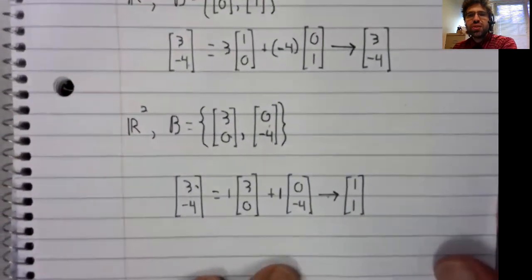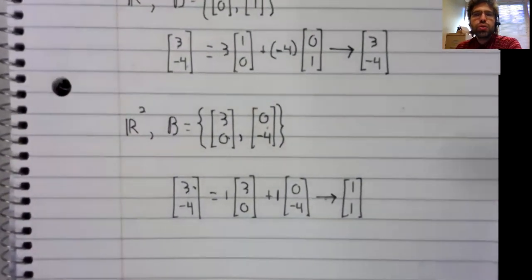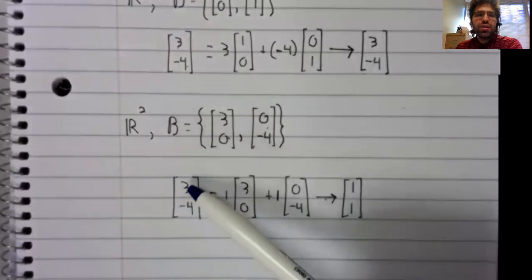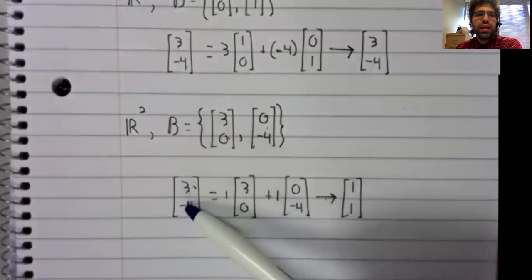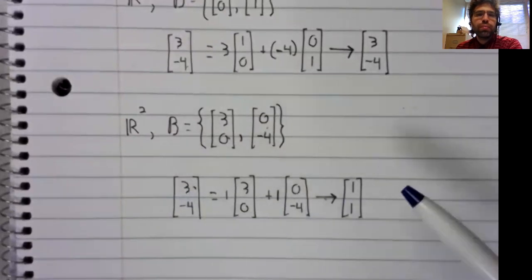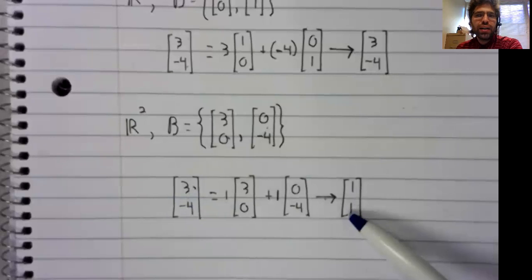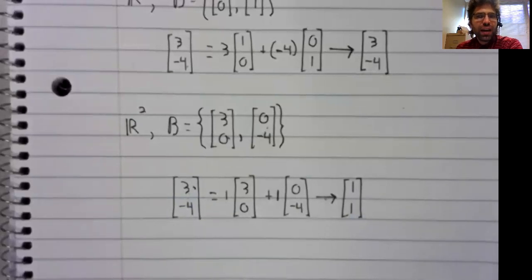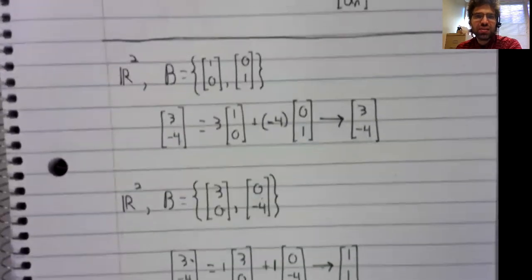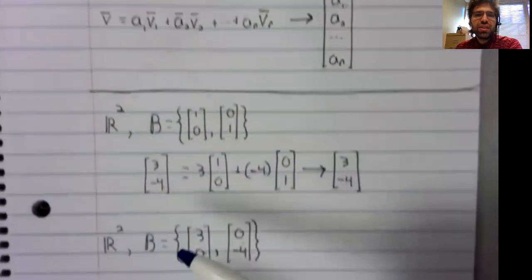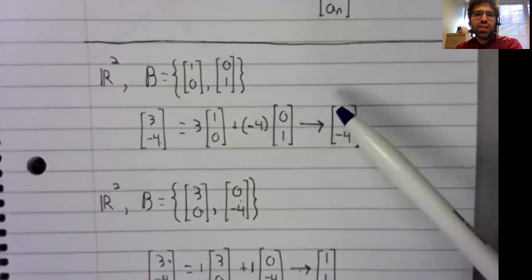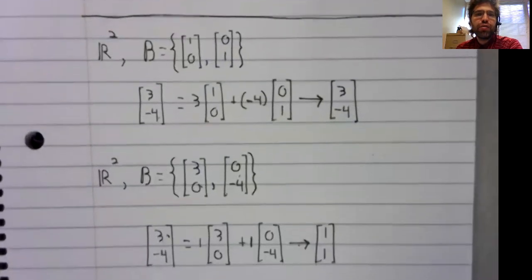So this provides the tools to allow us to do that. Is this the vector 3, -4, or 1, 1? There's no objective answer to that. It depends on what we're using as a basis. If our basis is the standard basis, it's 3, -4.